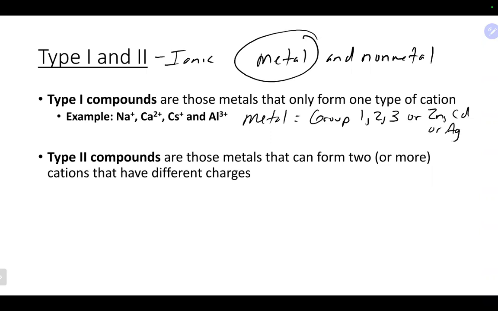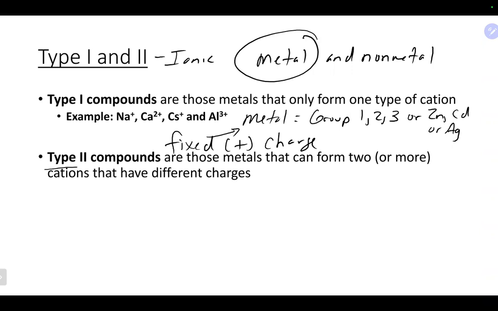What all those guys have in common, if you look on the periodic table and you see the metal in one of those locations, is that they all have a fixed positive charge, which means they always have the exact same positive charge, no matter what the situation is. And when you have that situation, you can name it the type 1 way. And the type 1 way is basically the whole name of the metal and IDE for the non-metal.